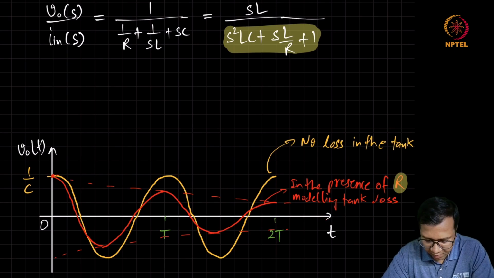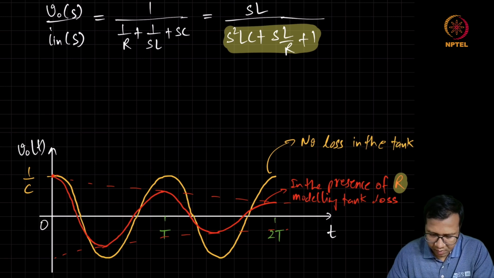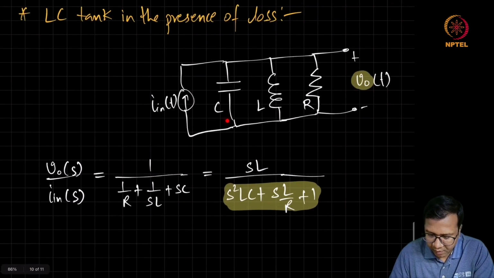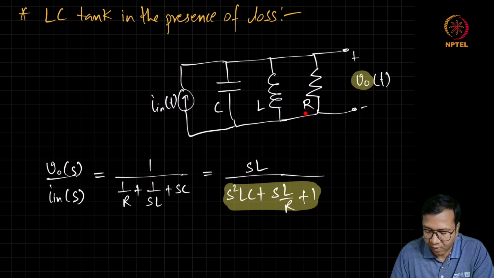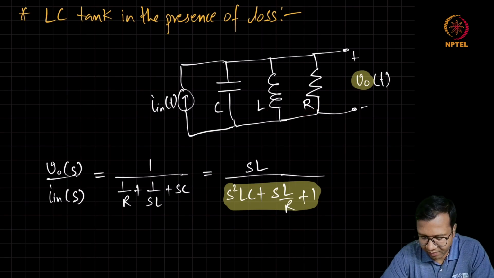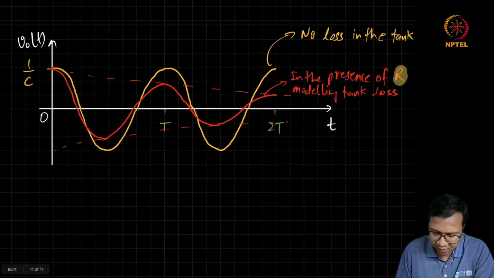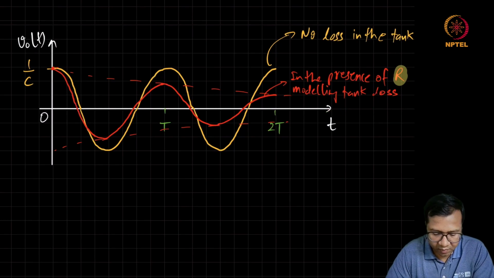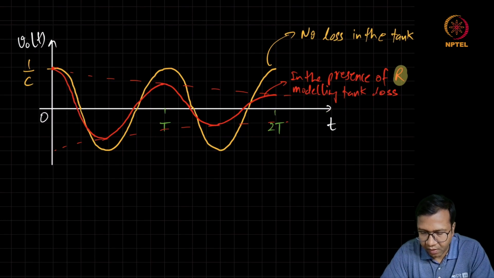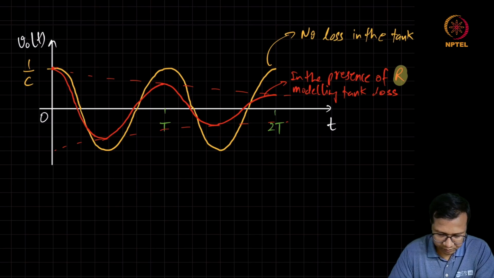So if you are trying to design an oscillator just with the help of an inductor and a capacitor, you will find that there is always going to be some loss in the system, resulting in this kind of decaying output amplitude if we start with some initial condition, and finally it is going to become 0.